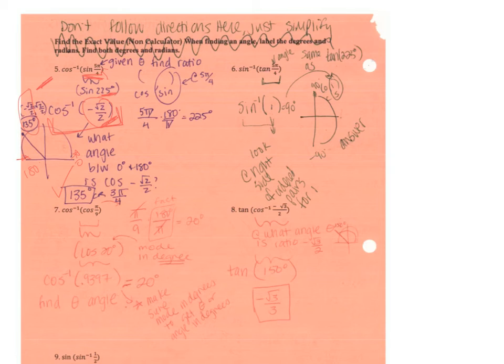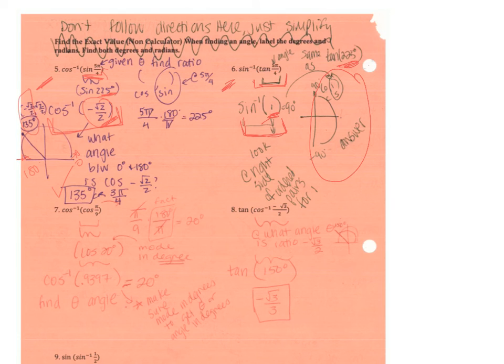Let's look at number 6. So for number 6, we work inside out. So again, tan 5 pi over 4, that's the same thing as 225 degrees. So we scan at 225 degrees, the tan value is +1. So now we're finding arc sine of 1. So at what angle is that value 1? So we know our answer is going to be either quadrant 1 or 4, because that's for inverse sine and tan.